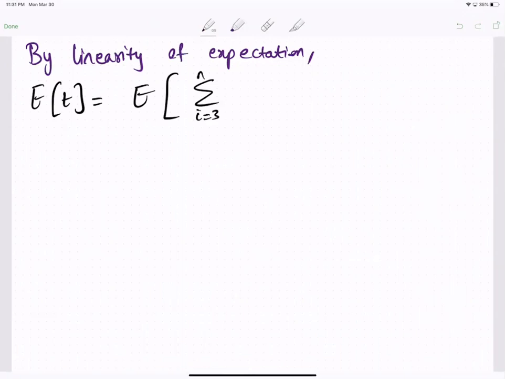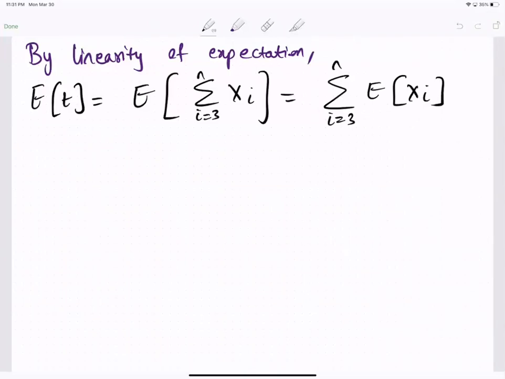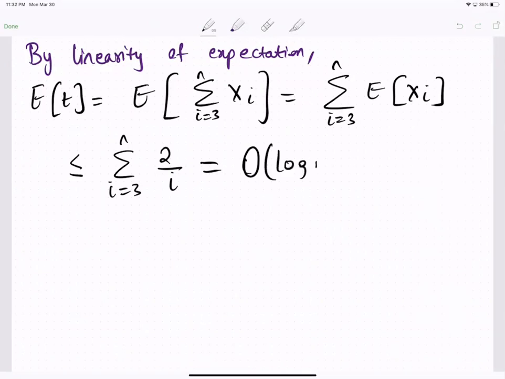These are now a bunch of standard calculations, so I'll go through them very quickly. Very routine. This we have already shown is 2 over I, and now there's a very standard inequality, the harmonic series. This gets, and we are done with the proof.